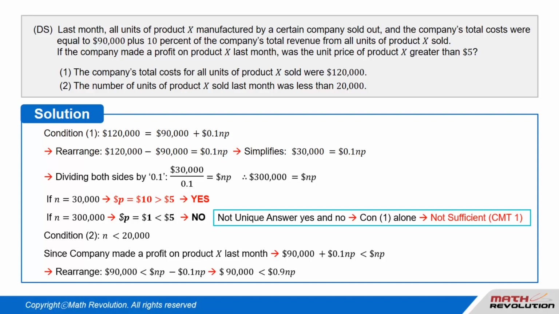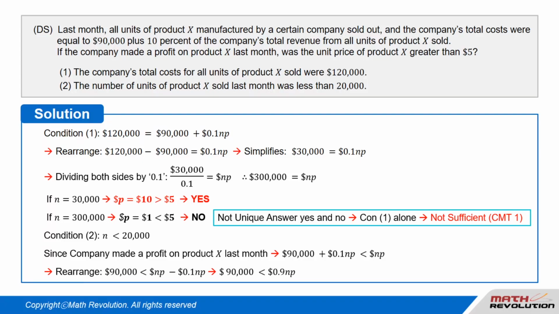Condition 2 tells us that n is less than 20,000, and since the company made a profit on product X last month, we get $90,000 plus $0.1 times n times p is less than dollar amount n times p.